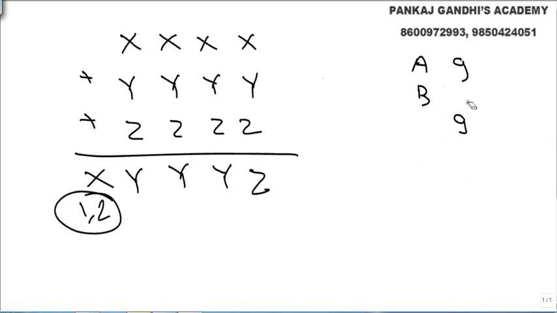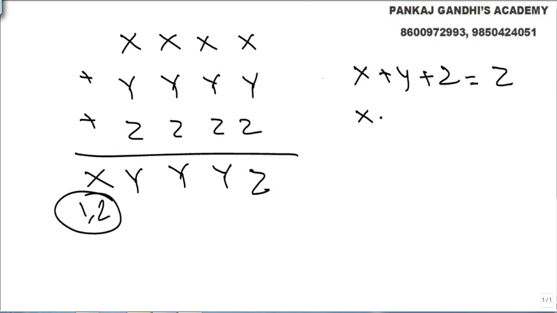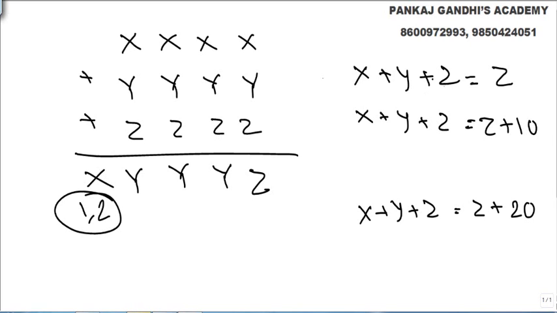Now, what we know is x plus y plus z, look here, x plus y plus z, last digit is z. So it can either be z or it can be z plus 10 or z plus 20.